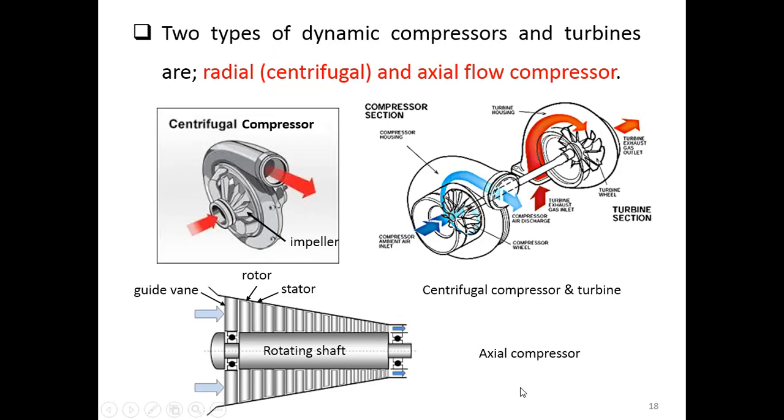Compare with the axial flow compressor, shown below here. The flow is in the axial direction and also leaves in the same direction, not in a different direction like in the centrifugal compressor. The flow in the axial compressor will maintain its direction along the axial direction until it leaves the axial compressor. Okay.